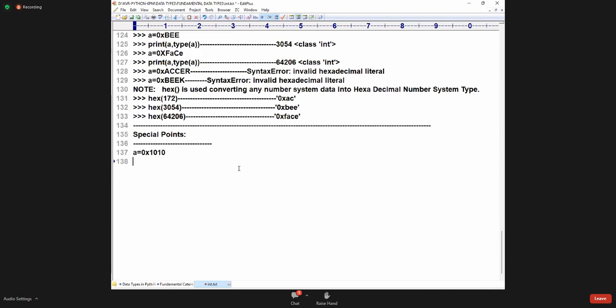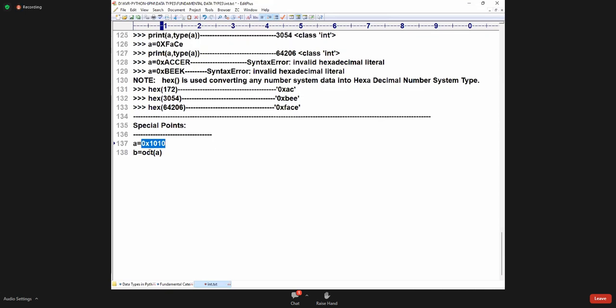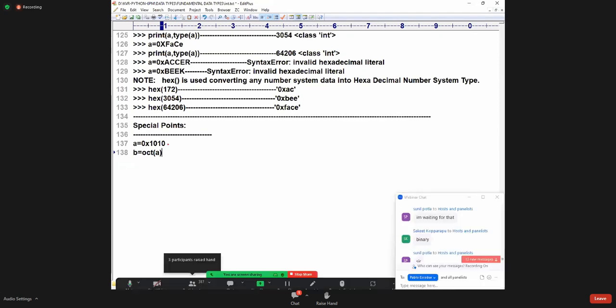How do you get it? Now I am saying b = oct(a). Earlier I converted decimal to octal. Today I am converting binary to octal. It is internally automatically converted into octal. As a student, how will you understand this? It is called 10. Assume that this 10 is substituted in a. 10 is now converted into octal.